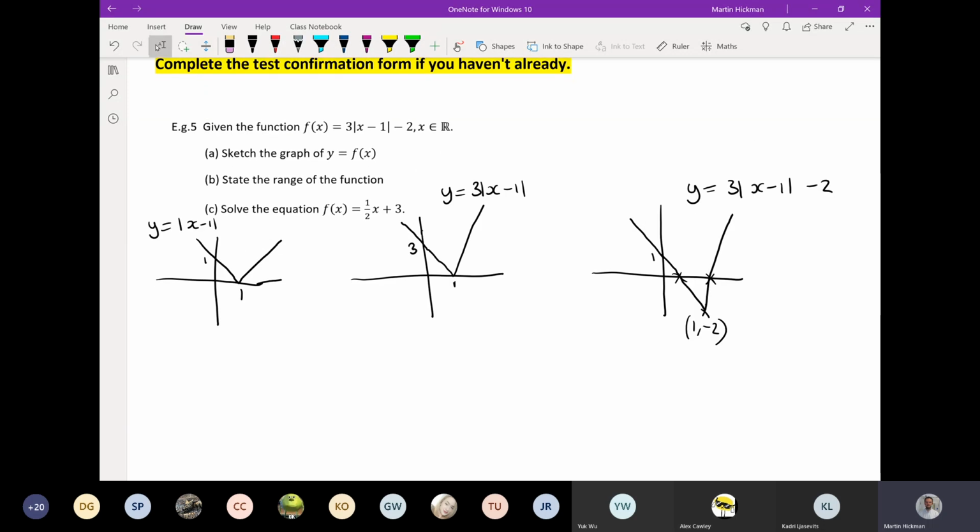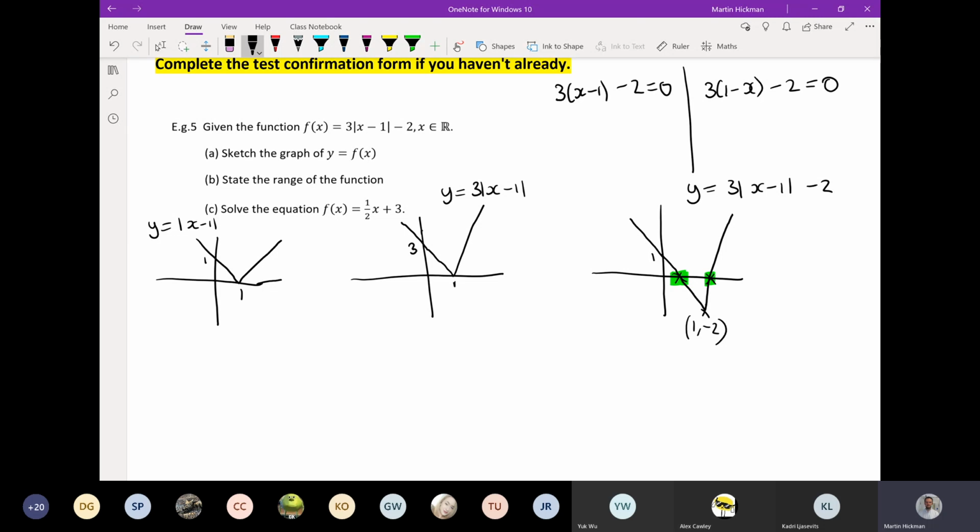To find out where it crosses the x-axis, I'm going to do this above here. I need to find these 2 solutions. For one of them, the x minus 1 hasn't been reflected. For the other solution, the x minus 1 has been reflected. So firstly, I'm going to solve this as if the modulus wasn't there.